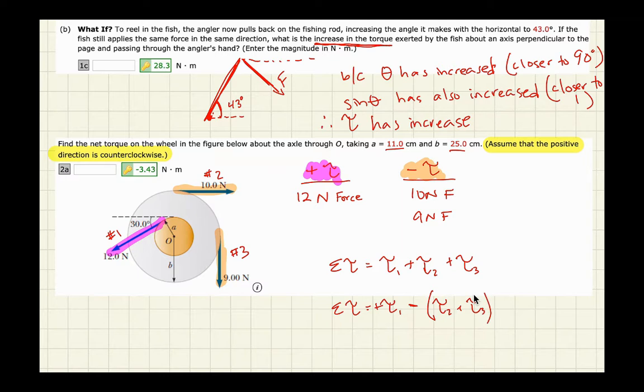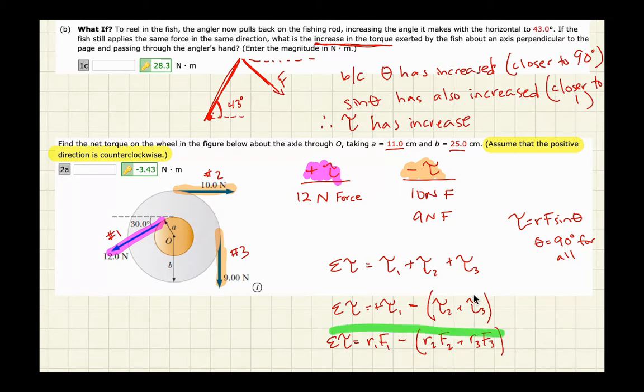And again, those torques can be calculated as R F sine theta, where theta is the angle between R and F. In this case, theta is 90 degrees for all. So we would have the net torque be R1 F1 minus R2 F2 plus R3 F3. And that would be my solution, just plug and chug in there. And that's it. Torque. Pretty straightforward stuff, my friends.